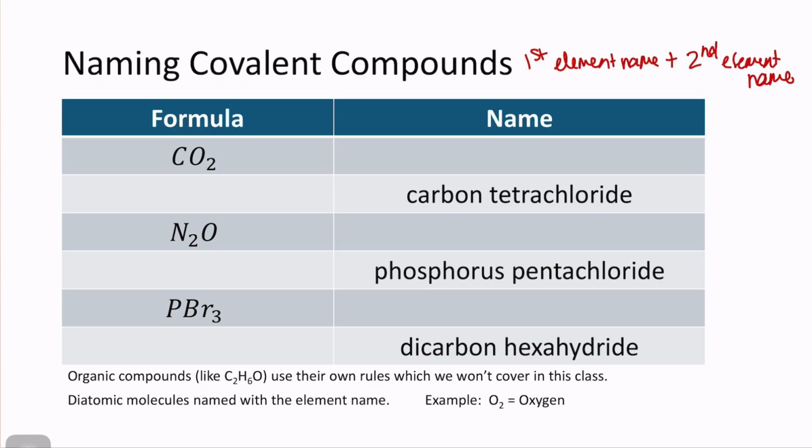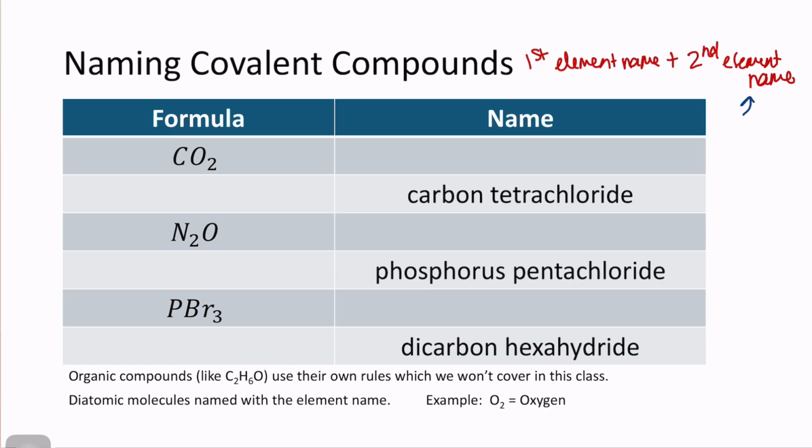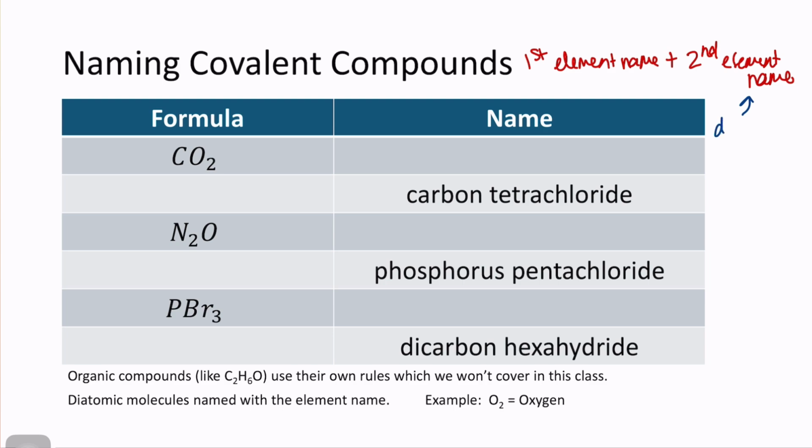But in the second element, you're going to add the suffix "ide." So we drop the suffix and add "ide." Very similar to what we did in the naming of anions. Now, if you have more than one of that element, then you need to put the Greek prefix in front of the element name.